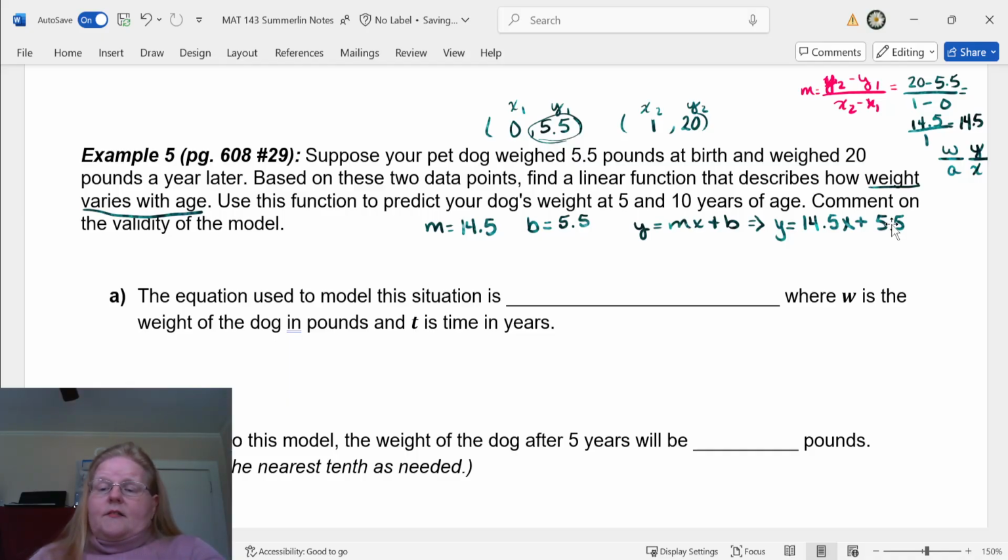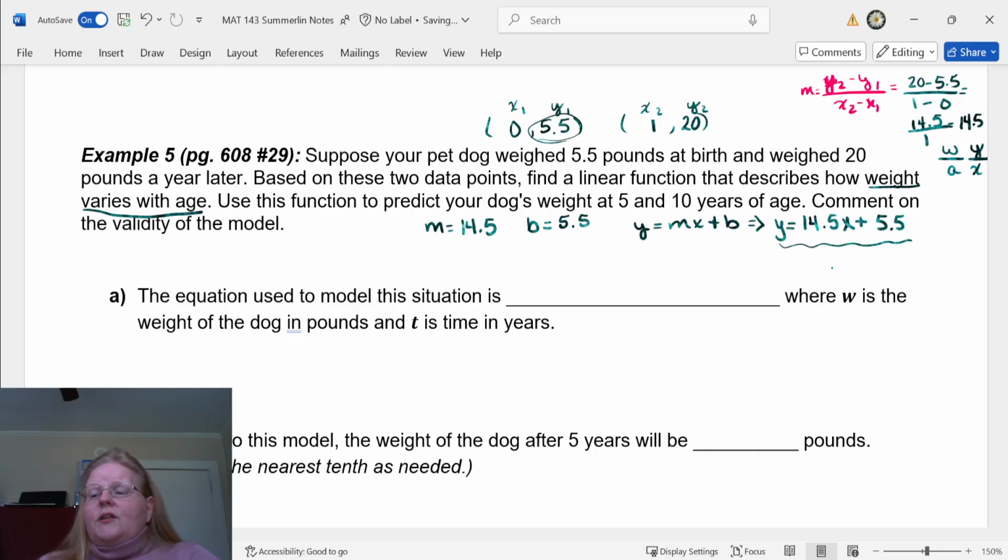It says, this is our equation. It says the equation used to model this situation is blank, where W is the weight of the dog in pounds and T is the time in years.